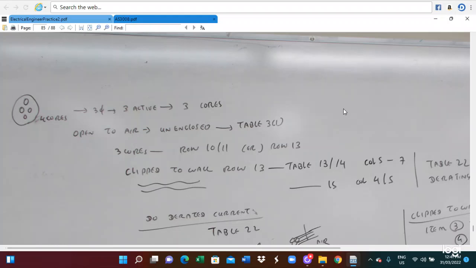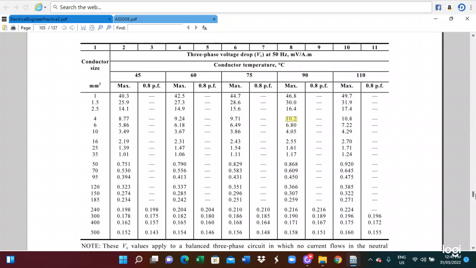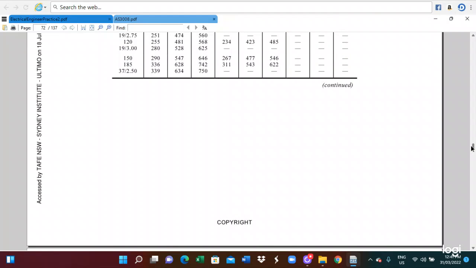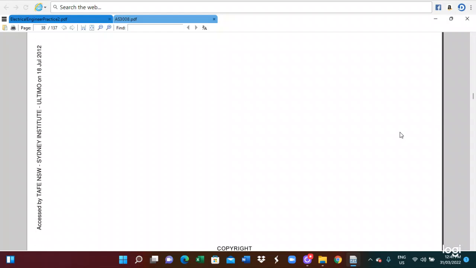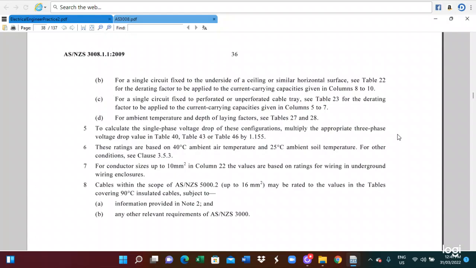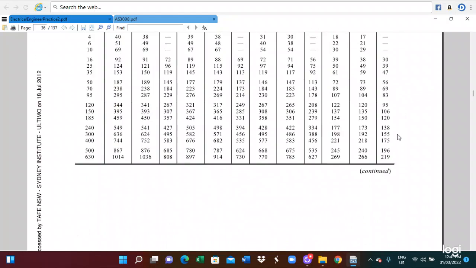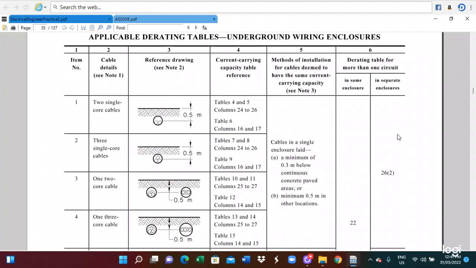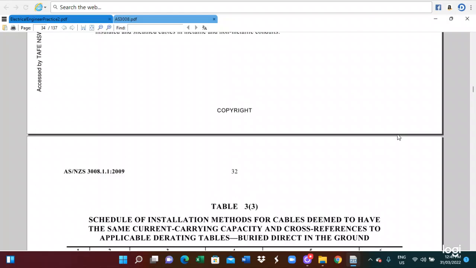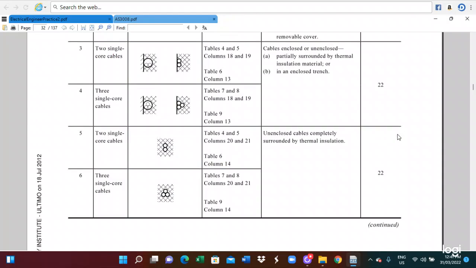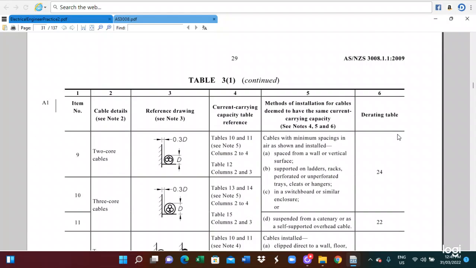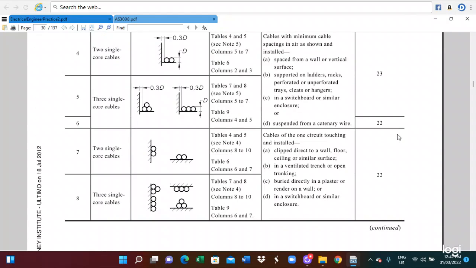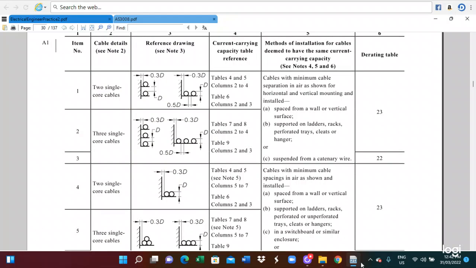Table 3/1 unenclosed. So firstly you look at table 3/1 unenclosed. We look at table 3/1 back. Okay, this is table 3/1.